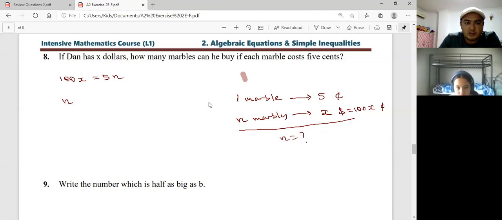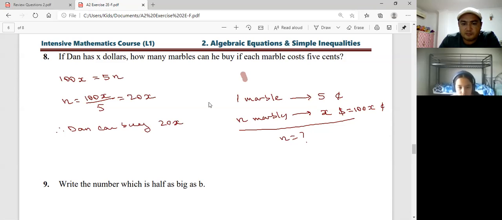So N equals 100X over 5. And we know how to simplify this. 100 divided by 5 is 20, so 20X. Then he can buy 20X marbles for X dollars.